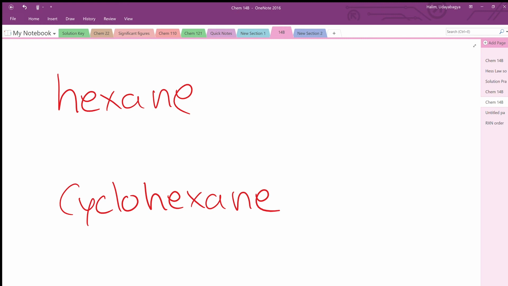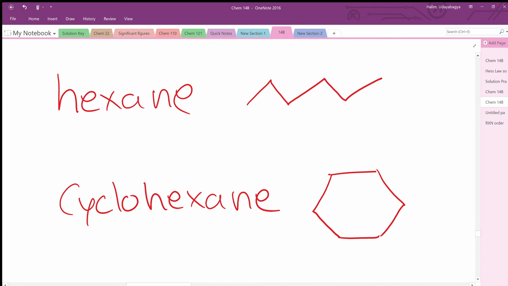No, that's 2 cyclopropane together. That's actually 5 carbon there. All the 6 carbon are interconnected together. So hexane is 6. So cyclohexane simply means all of the 6 carbon are interconnected together. And you will get just that.